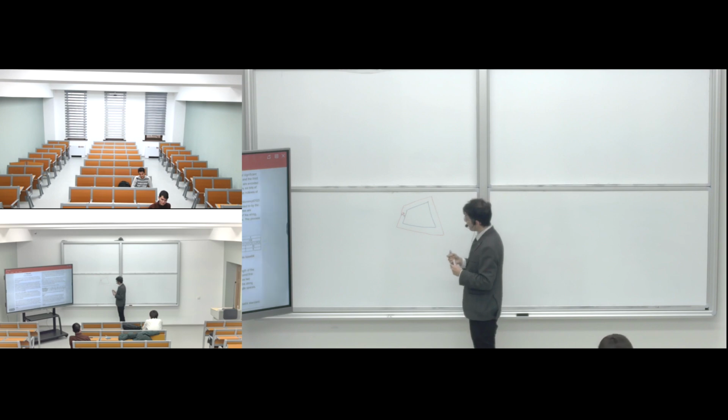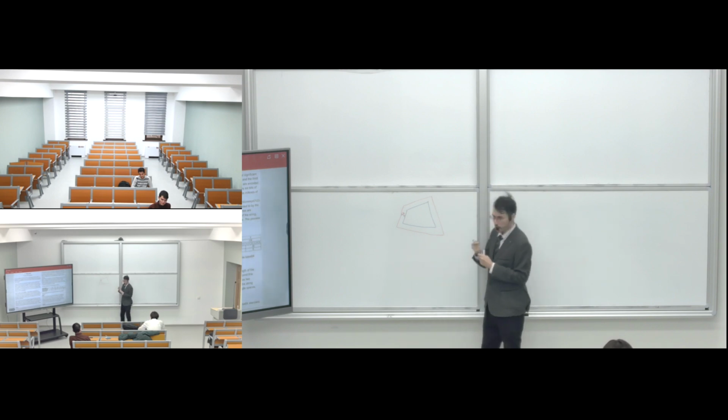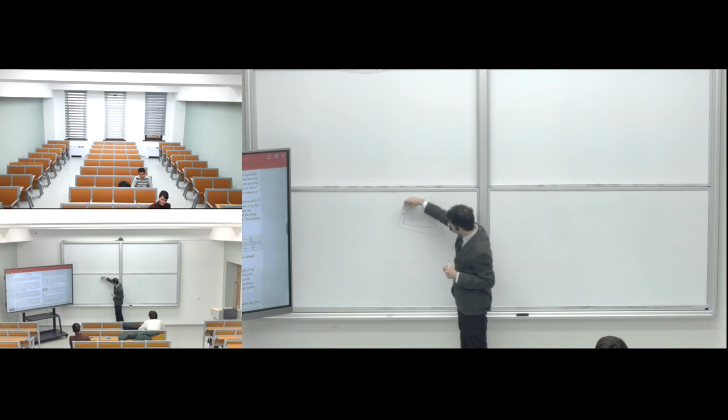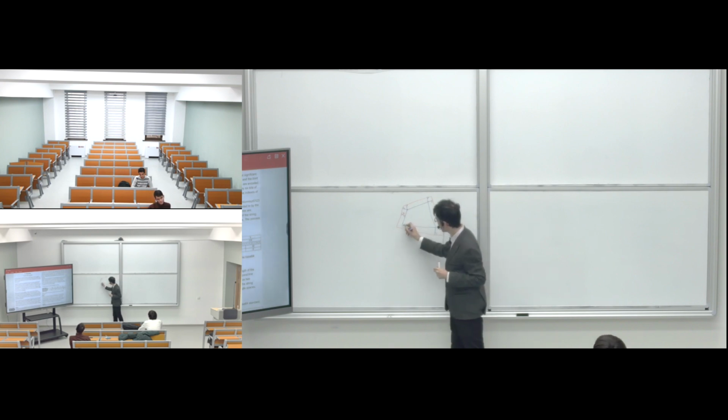Okay, so what do we do? Here we split the picture into portions. First, let's take a look at each vertex and put perpendiculars to the rings. Here, here and here.